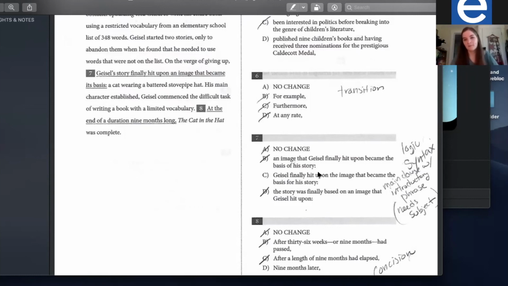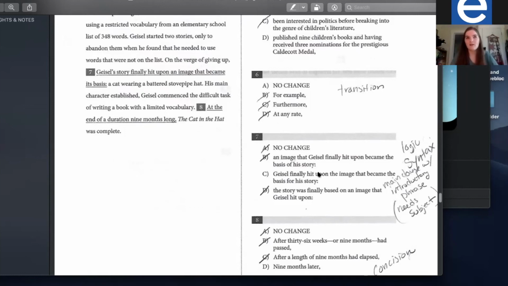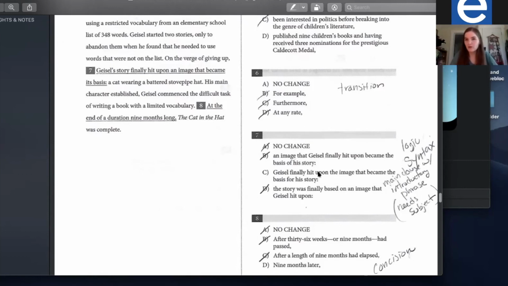But understanding how we form sentences, how we form ideas and thoughts, and how we express them and convey information to other people is critical to our understanding of the writing and language test, because it will affect our ability to analyze and interpret writing in this context. We need to understand what the author's intention was, in a way that is grammatically correct, because we're dealing with those standard English conventions, those grammar and mechanics rules.